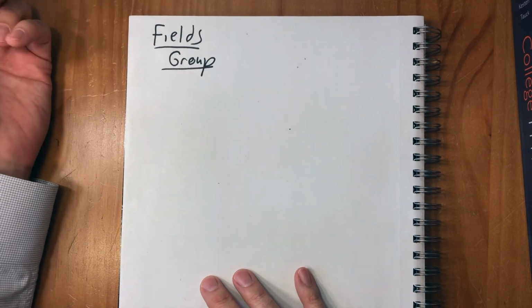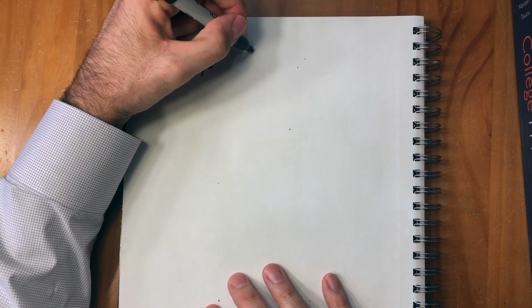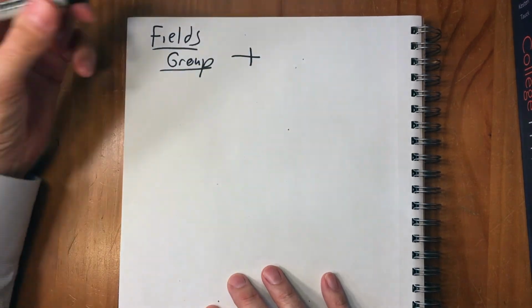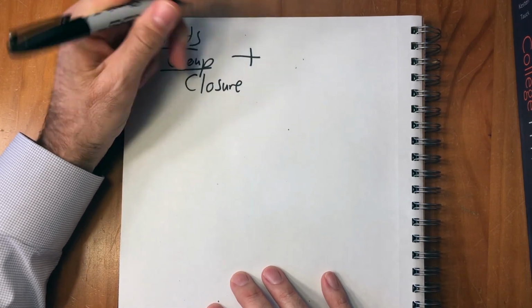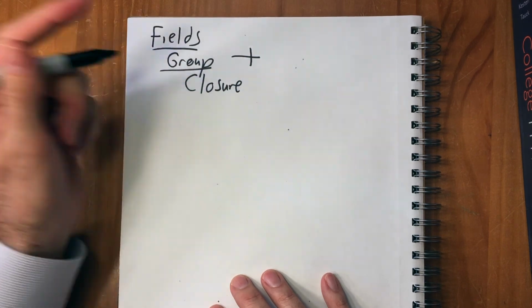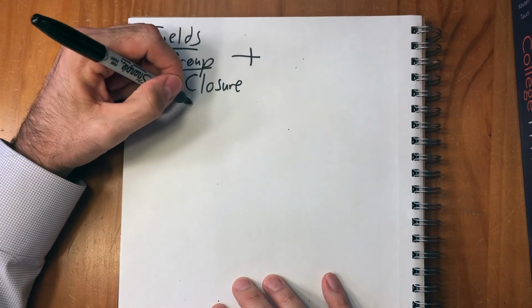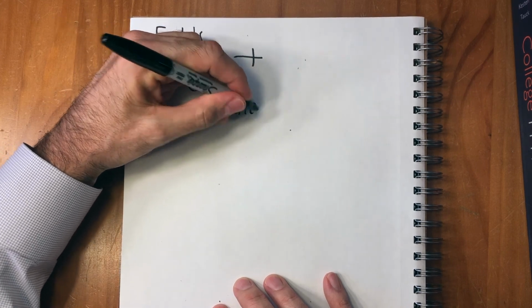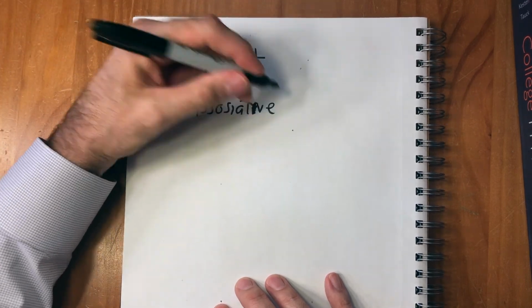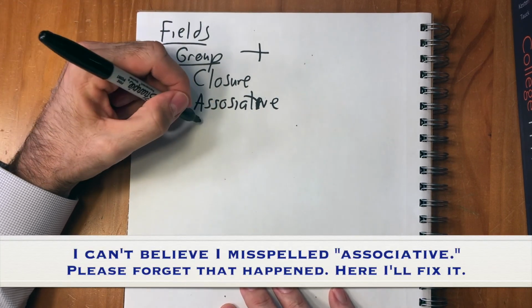A group is a set with one binary operation, which you usually call plus, which has closure under that operation, under the plus. It is associative. It has an identity element.